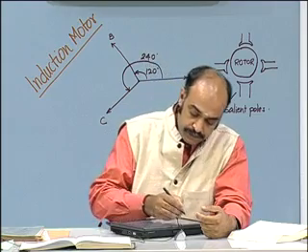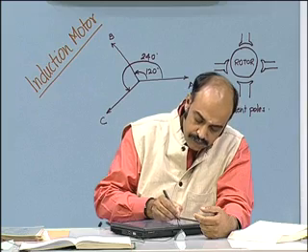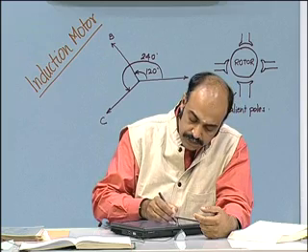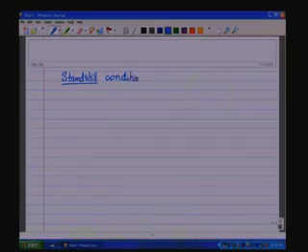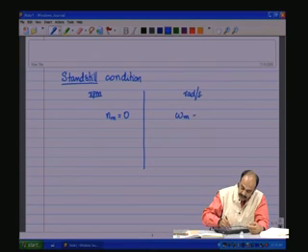So suppose we have a standstill condition. Under the standstill condition, let me put it in both the RPM equation and the radians per second equation. Nm, the mechanical speed in RPM, is equal to 0. Omega m, the mechanical angular speed in radians per second, is equal to 0.